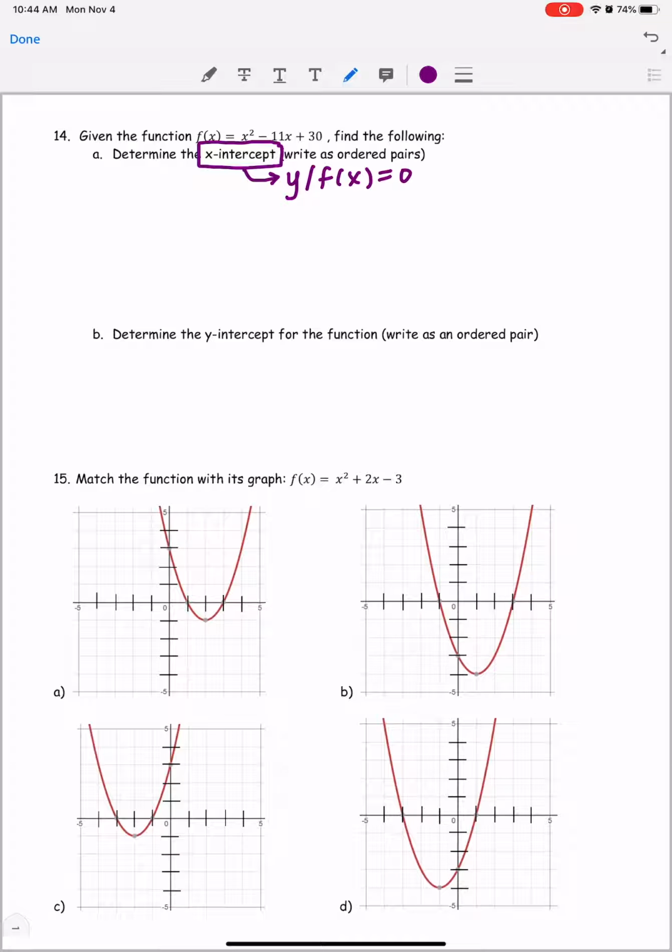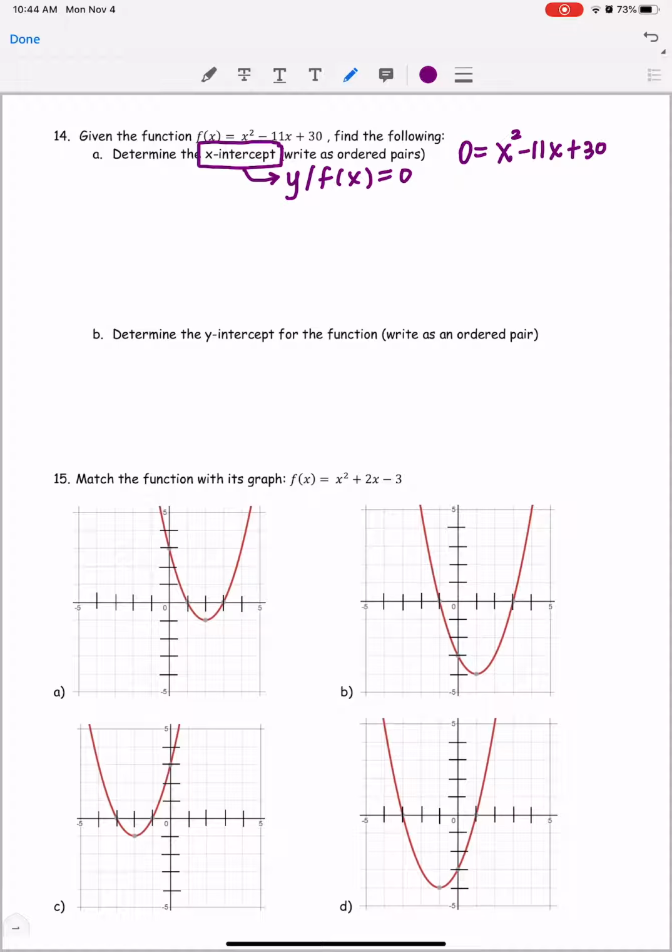So that means I have 0 equals x squared minus 11x plus 30. So you can either factor or use quadratic formula. If you're good with factoring, that's the easiest way. You can use quadratic formula as well, but it's a little bit longer. I'm going to use factoring.